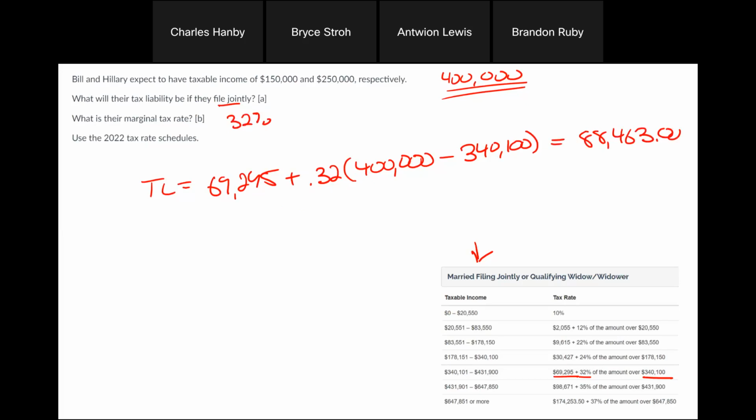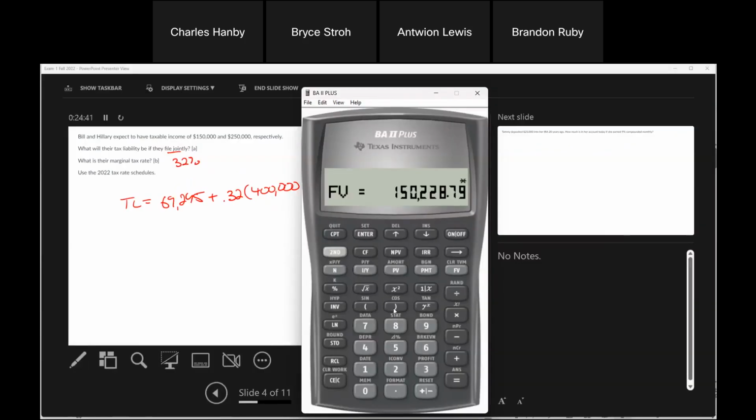But let's pull up the calculator. So the parentheses are right here. This is open and closed. So it's here, clear. So 0.32 and then times 400,000 minus 340,100, close paren, equals.